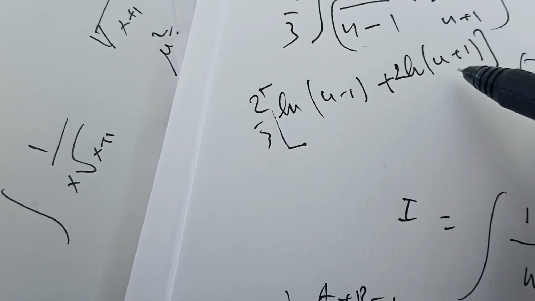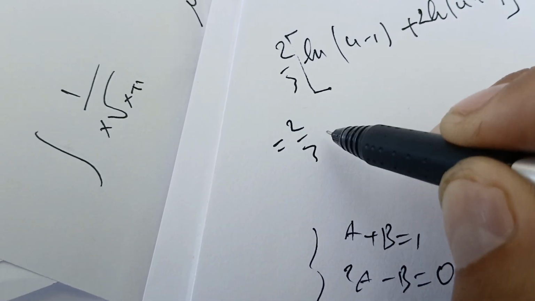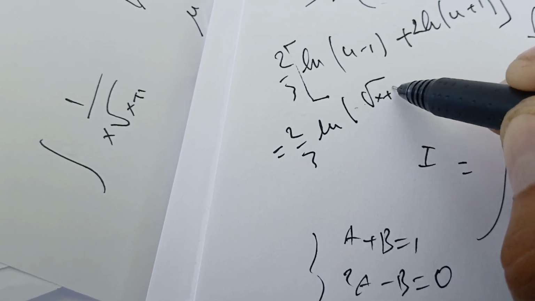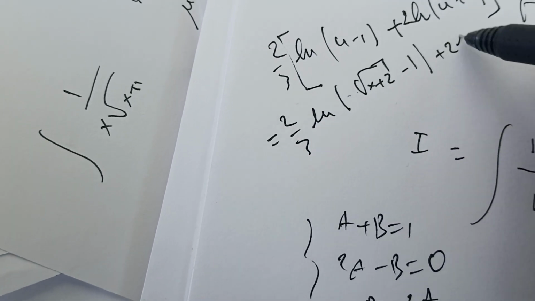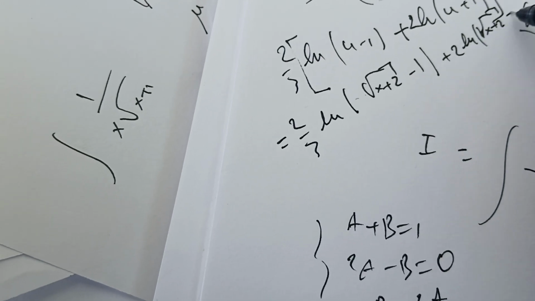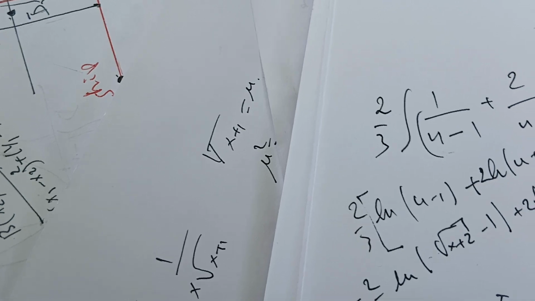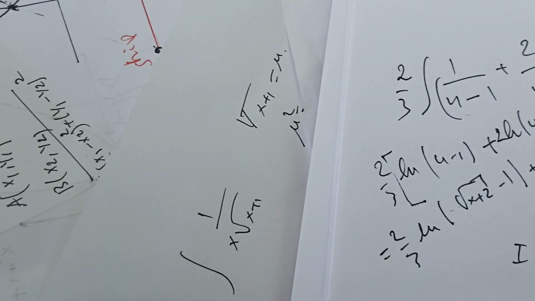Now I can put back u. To put back u, I have 2 over 3 ln of square root of x plus 2 minus 1 plus 2 ln of square root of x plus 2 plus 1. So I'll write it nicely.